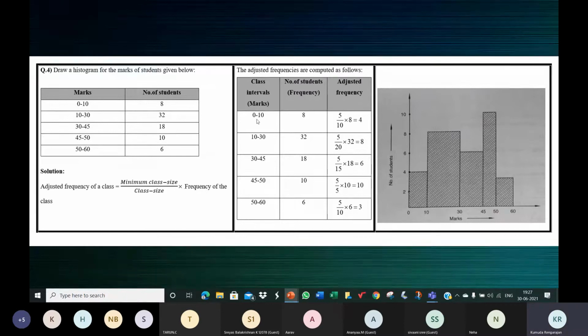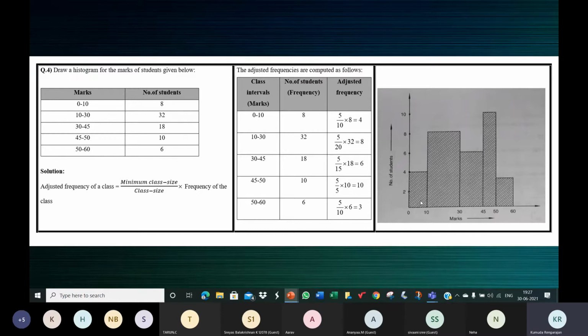So children, you know that you have to take the markings on the class intervals along the x-axis. So I told you use a 7 like this. So you can see 0, 10, 30, 45, 50 and 60. And they are exactly the values which you see on the x-axis here.